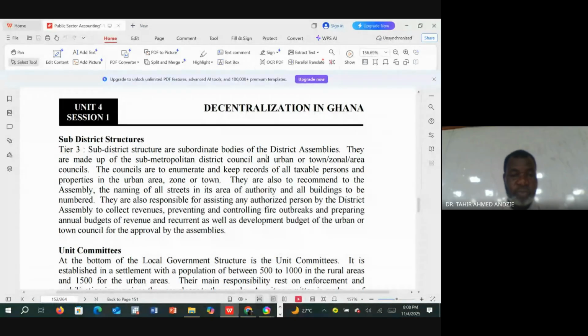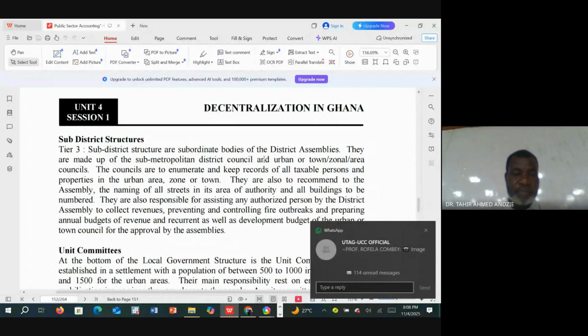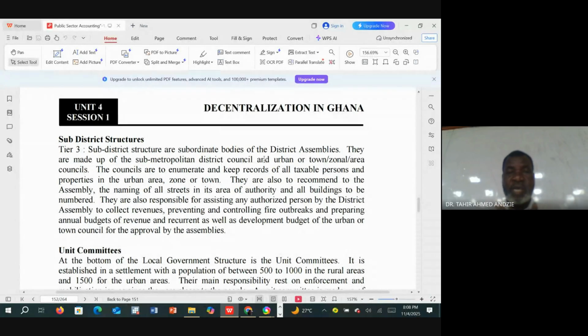The councils are to enumerate and keep records of all taxable persons and properties in the urban, zonal or town area. They are also to recommend to the assembly the naming of all districts there. So when it comes to the sub-metro, they are supposed to ensure that each district and each street is named, properties are identified, and those who are eligible to pay taxes are known. And if the areas are not clean, that's why sometimes we have the town council.